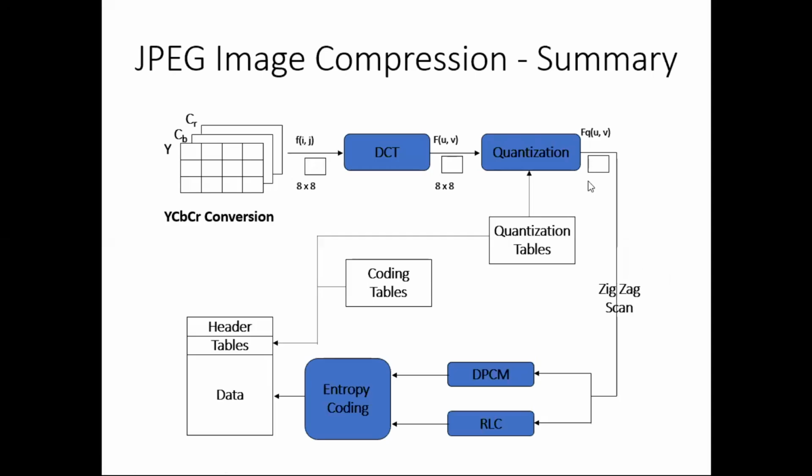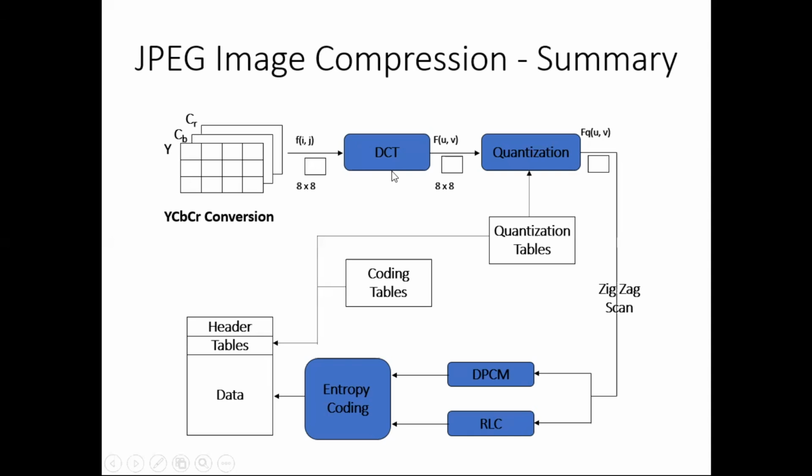This is the pipeline of JPEG image compression. Up to this point, we discussed it in video compression as well. After finding frames, we are converting the color space from RGB to YCbCr. After this point onwards, all the steps are very common for both image compression and video compression algorithms, right?